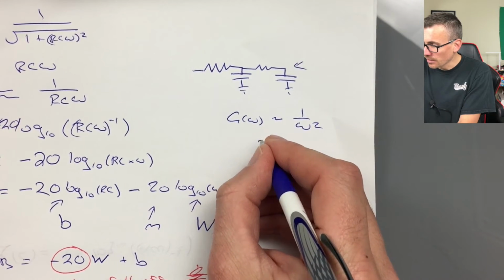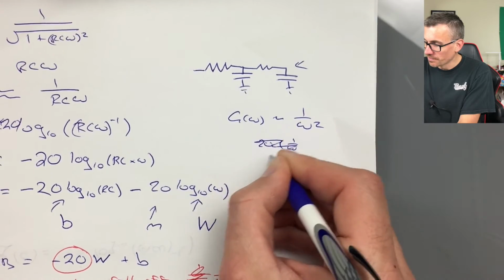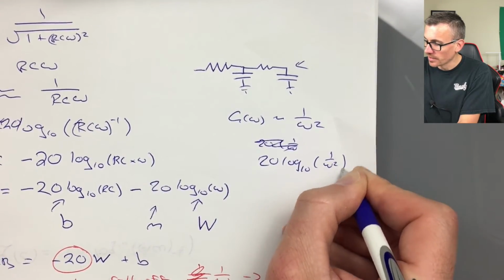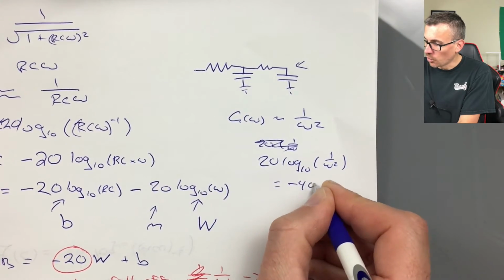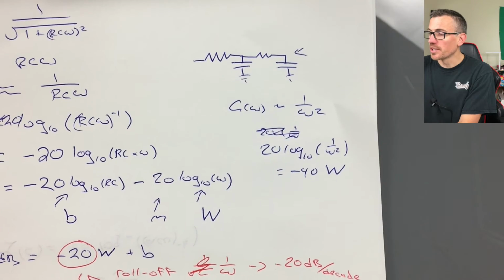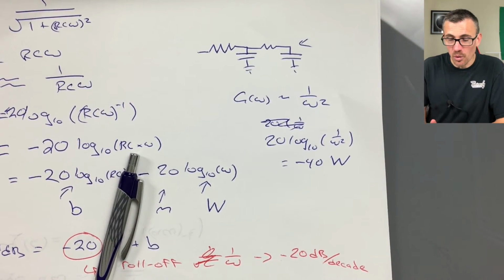And doing the same math, 20 times log 10 of 1 over omega squared is minus 40 times the log of omega. So we'd have a 40 decibel per decade roll-off. How fast it falls off is called the roll-off.